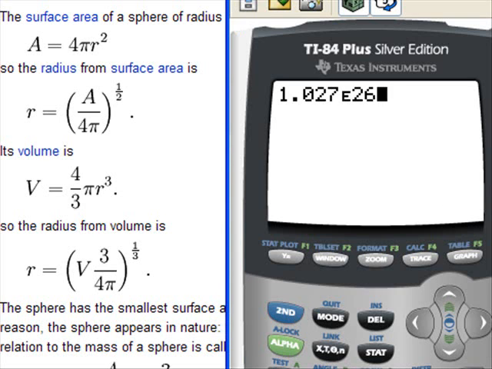I'm going to convert that to grams, so times 1,000. There we go. And the volume of Neptune, which is easily derived from the radius via volume equals 4/3 pi r cubed.